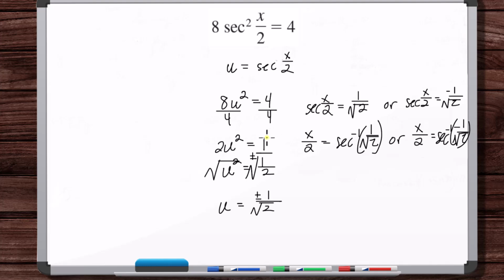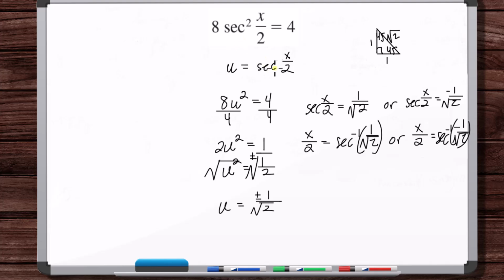So, okay. What we can see is that 1 over root 2 is going to be the 45, 45, 90 triangle, so 1, 1, root 2. And so secant is, or wait, no, there's going to be no solution here. Secant could be root 2 over 1, but not 1 over root 2. So did we do this right?